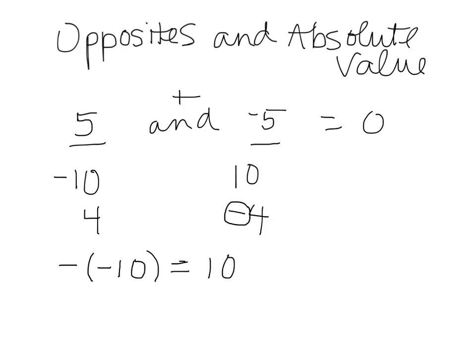So it has a negative sign in front, but it's not actually a negative number because it's the opposite of a negative number. Often when we are reading mathematical expressions, if we see this sign, it's more helpful to say the words the opposite of.